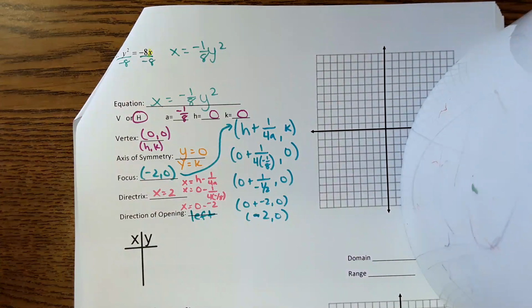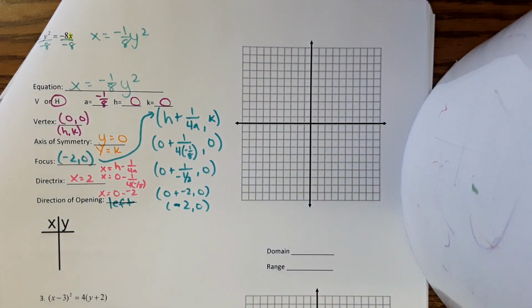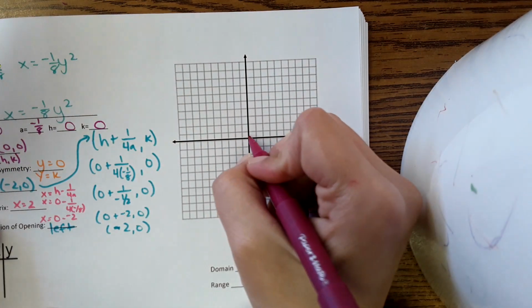Okay, so now that we have all this, I'm going to start putting things on the chart. I'm going to try to color code it as best I can. Let's see, vertex is at 0, 0.